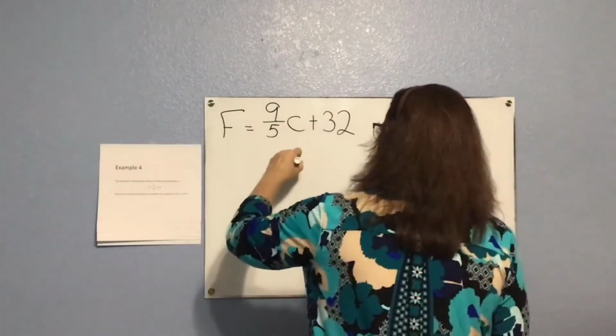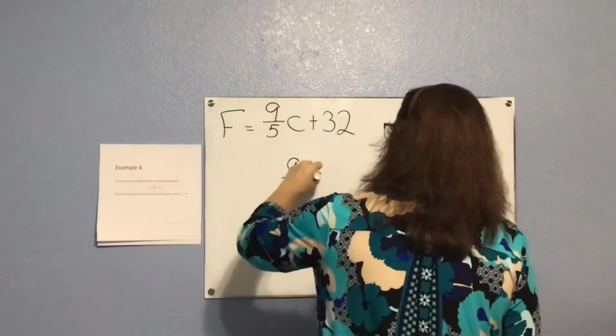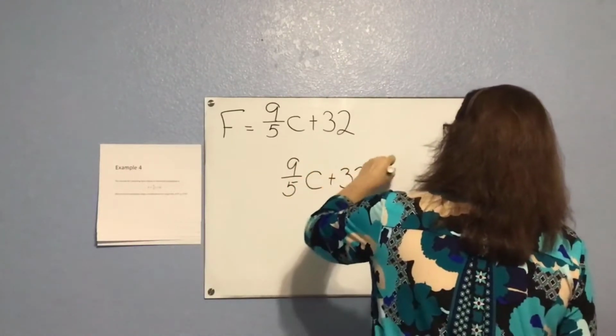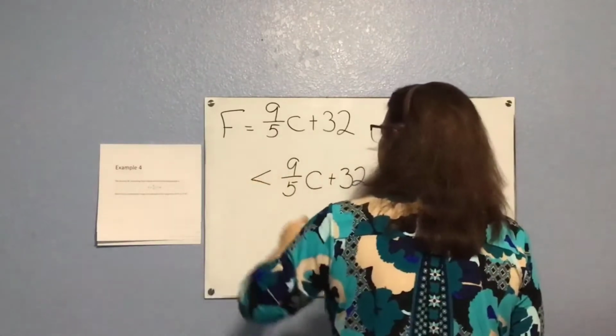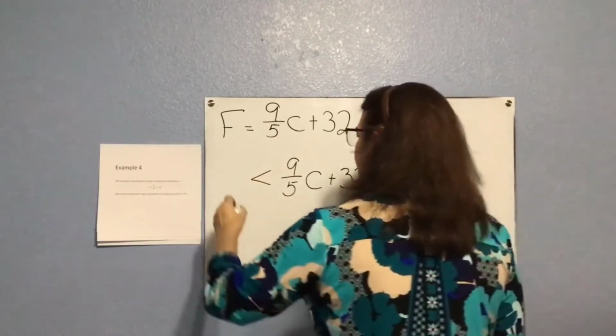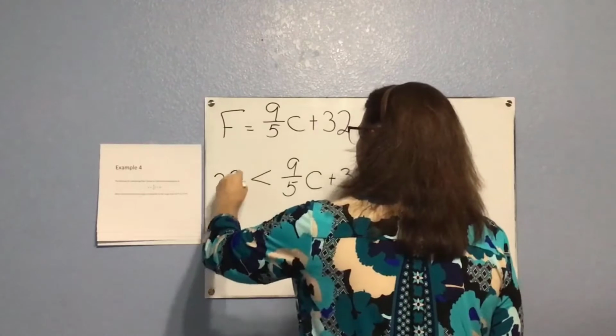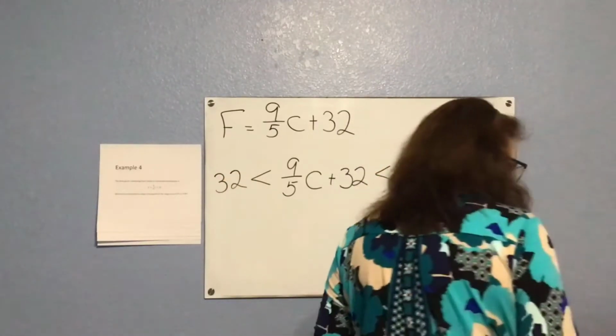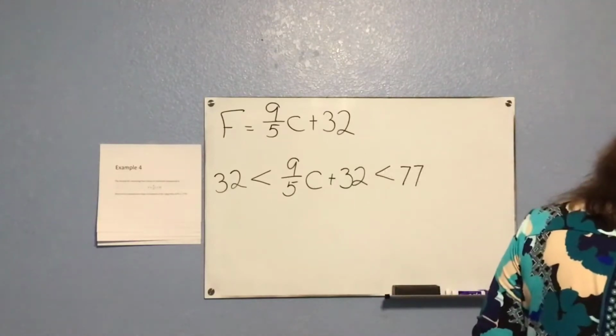So we're going to put this formula 9/5 C plus 32 in the middle of an inequality, and on the outside we're going to have 32 on the low end, 77 on the high end.